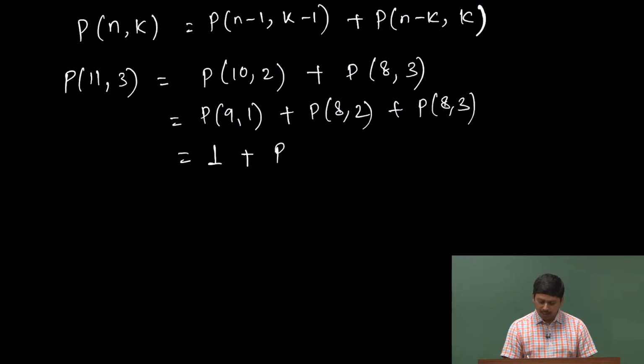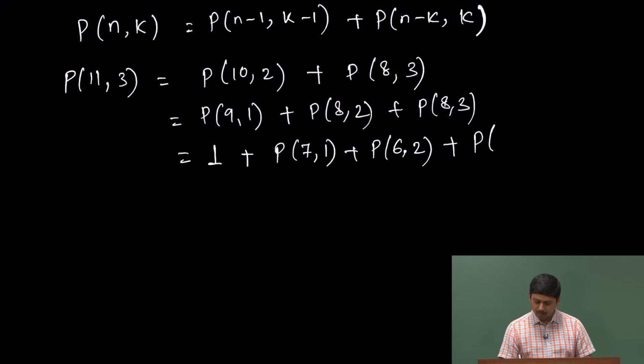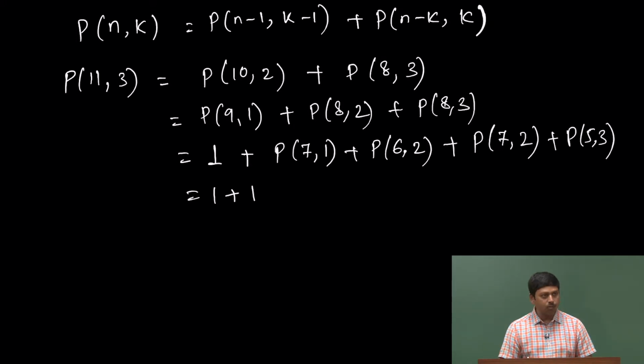Now, P 8 2 can be again P 7 1 plus P 6 2, and P 8 3 can be P 7 2 plus P 5 3. So, P 7 1 can give me only one way. Whenever k is equal to 1, there is only one way.